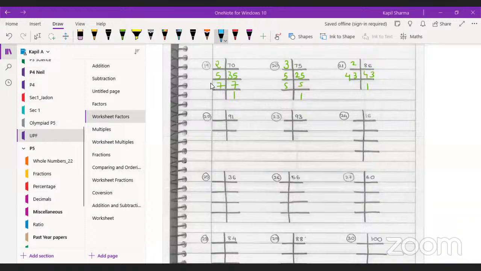Yes, 91. No, no. 91 is not a prime number. Swastik. What are the factors of 91? Anyone?